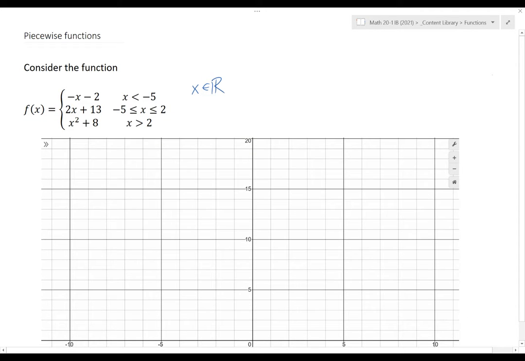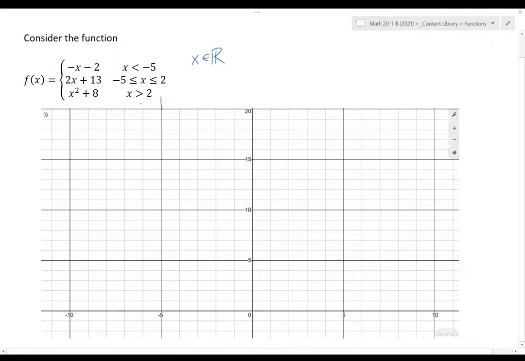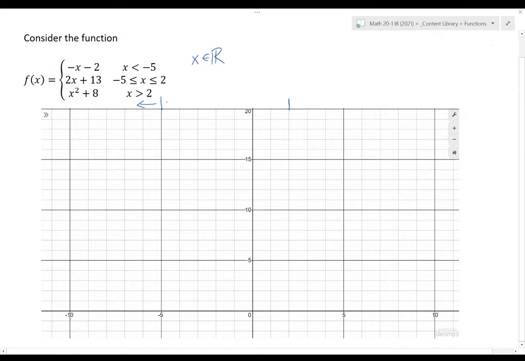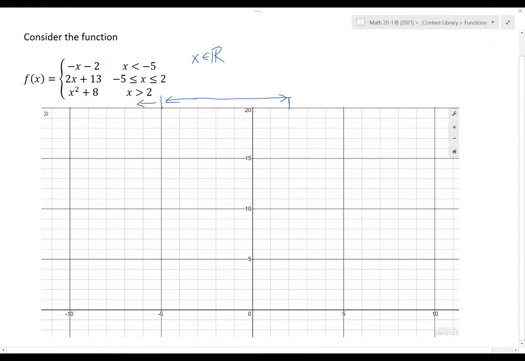I'm going to look at them piece by piece. My boundary lines are at -5 and 2, so I have one equation for x less than -5, a different equation for the interval from -5 to 2 in the middle, and another for x greater than 2. Starting with -5: if x equals -5, I do not use that first equation.